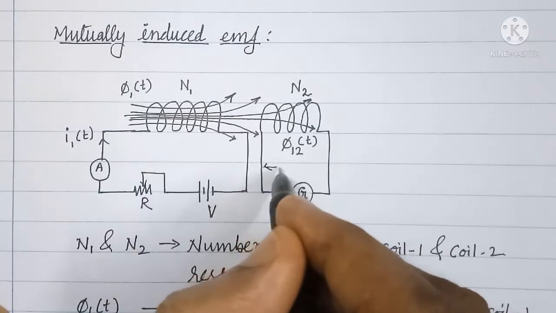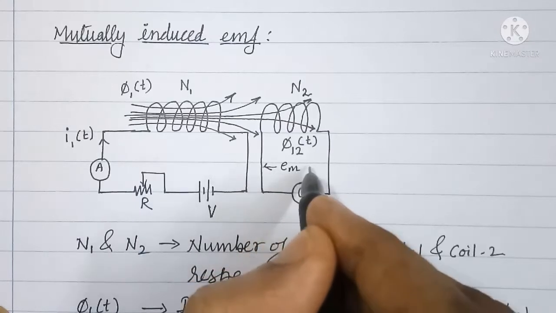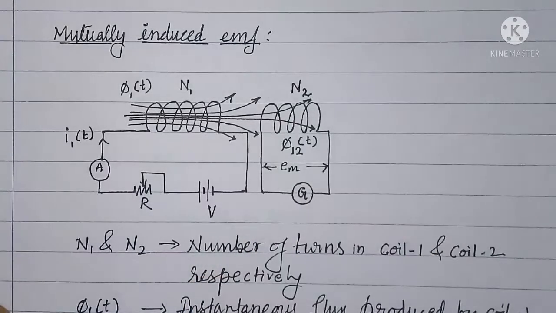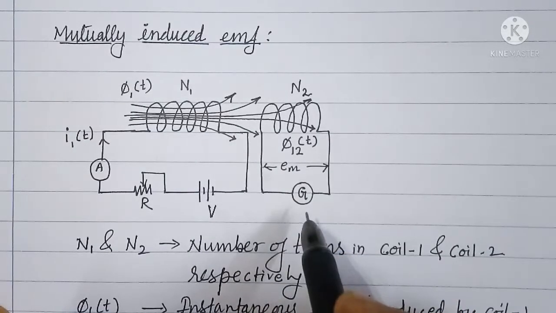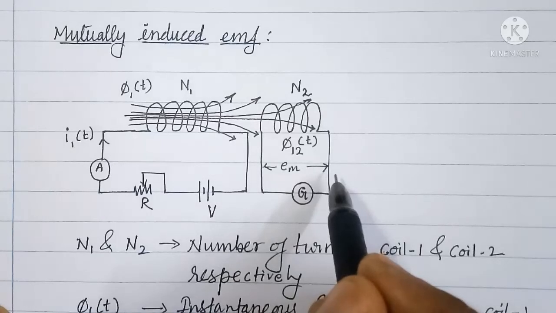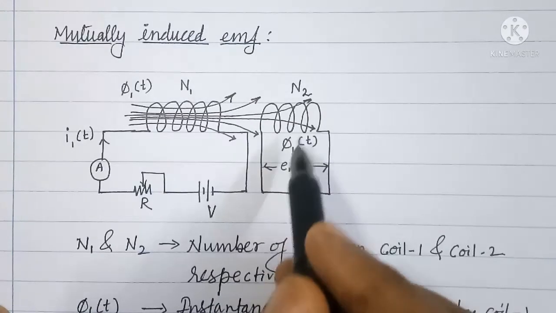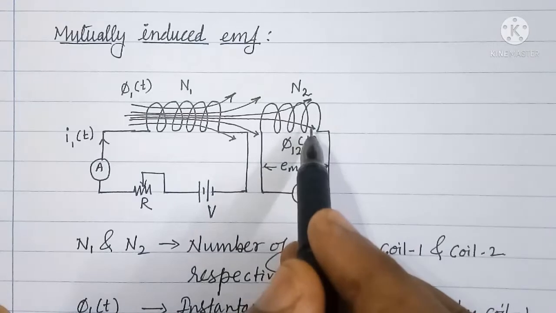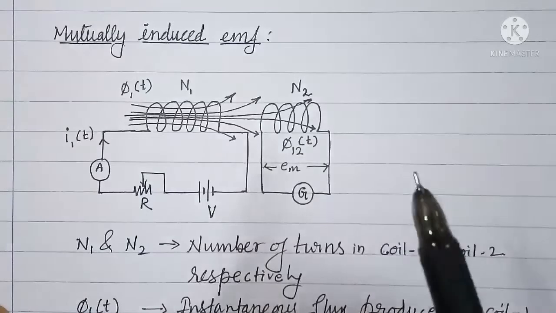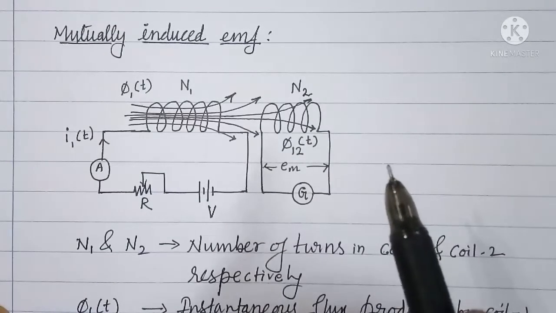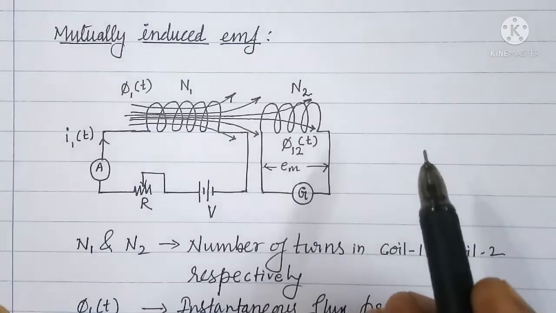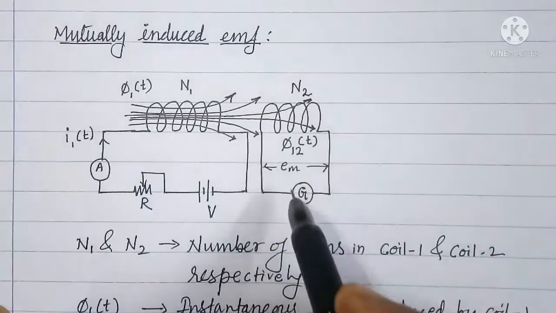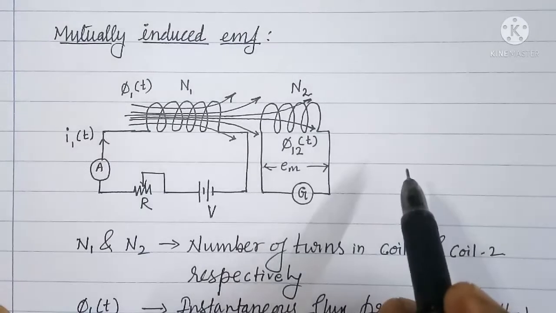Let us call that EMF induced as EM, and this EM is now called as mutually induced EMF. Here also you can see second coil is at rest with respect to the magnetic field, but the magnitude of magnetic field is changing with respect to time, and hence mutually induced EMF is statically induced EMF.